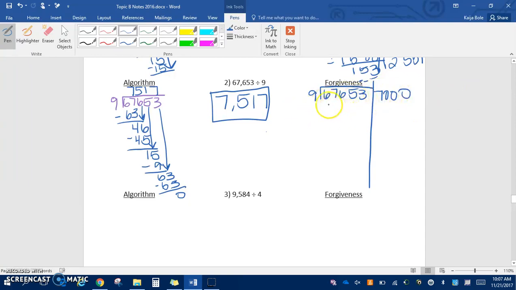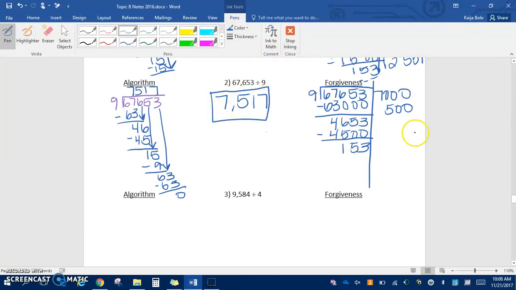And 9 times 7 is 63, so this would be minus 63,000. A 3, a 5, a 6, and a 4. If I look at the hundreds, I see I need to take out 5 hundreds. So 9 times 5 is 45, so I'd be subtracting 4,500. I'm left with 3, 5, and a 1.